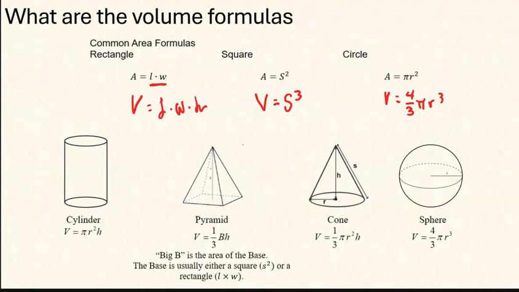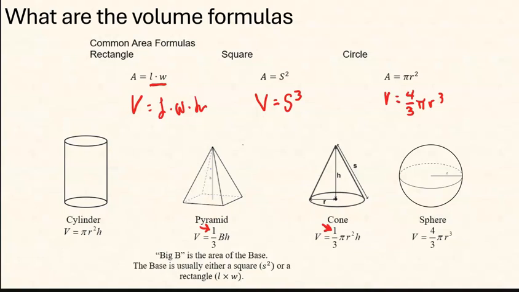I know that the 1/3 in front of the pyramid and the cone is because a cone is 1/3 the size of a cylinder, and the pyramid is 1/3 the size of a prism.